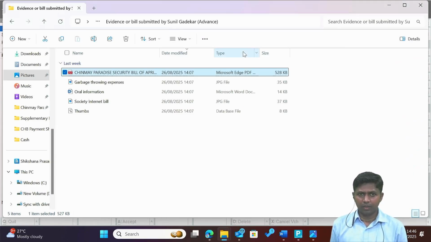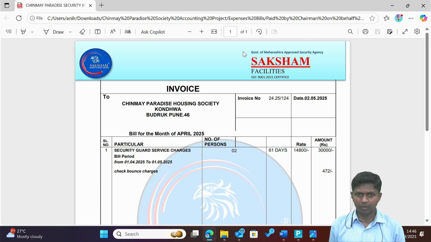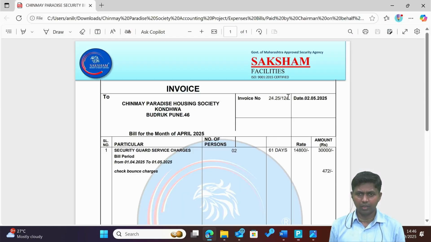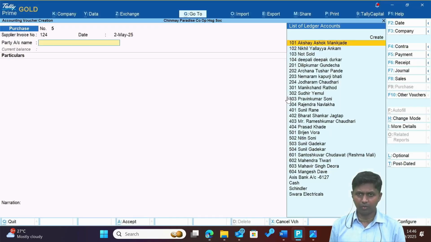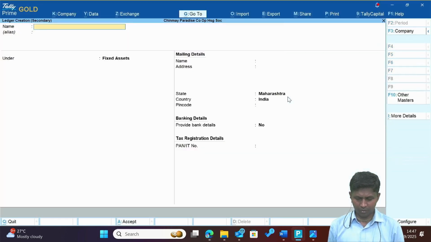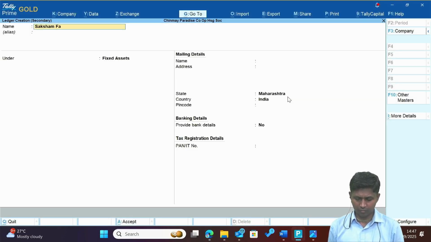Okay. Now then, this is the April month security bill. Therefore, invoice number 124. Date on 2nd May we have got this. And then party name: Saksham Facilities.